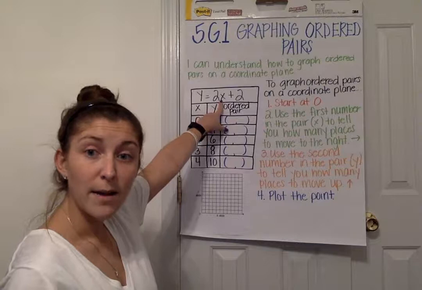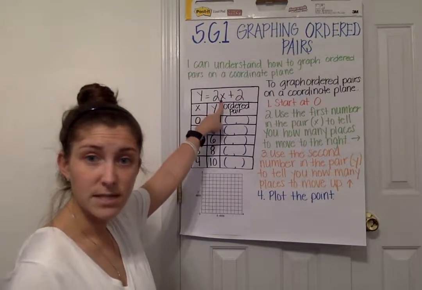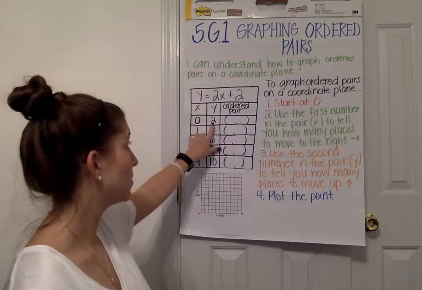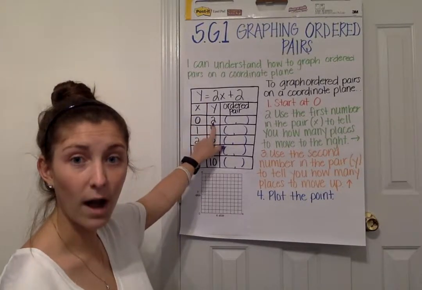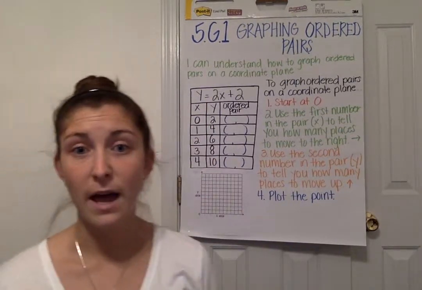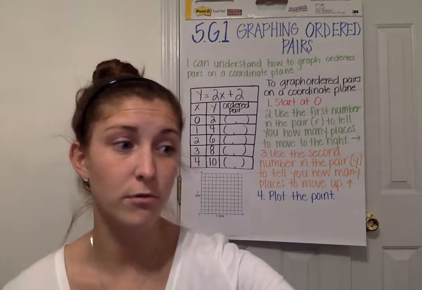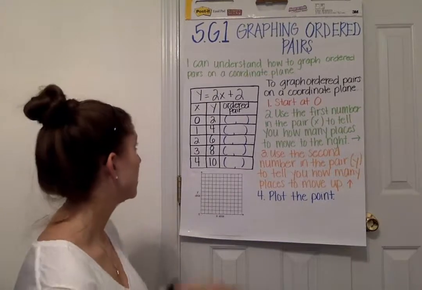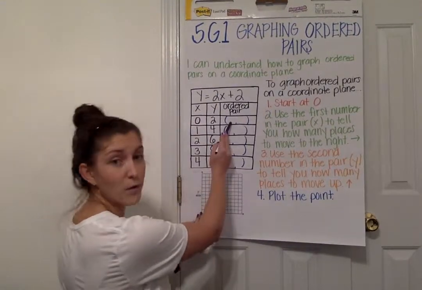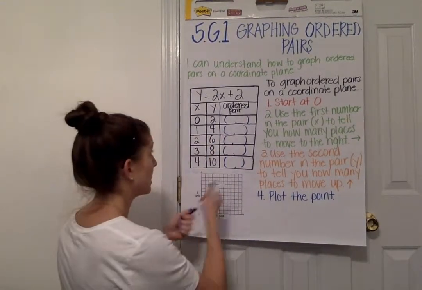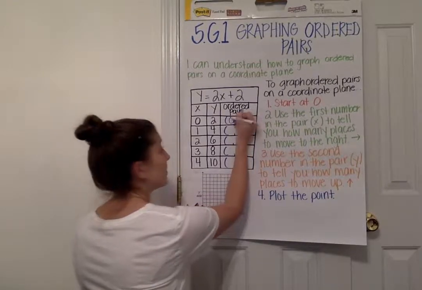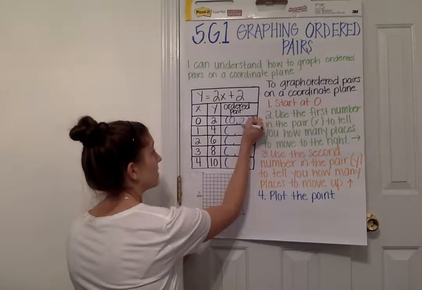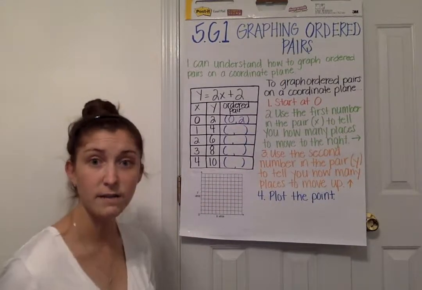So 2 times 0 is 0, plus 2 gives us 2, which is our first y. If I want to make that 0, 2 into an ordered pair, I'm going to carry my 0 over here to my very first blank, and put my 2 over here in the second blank.